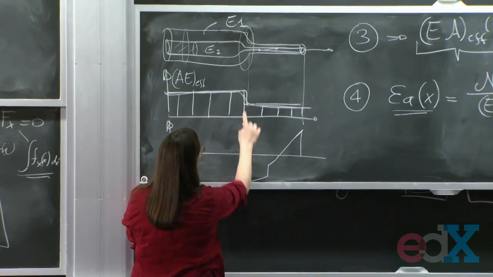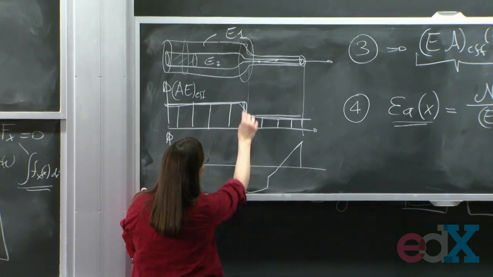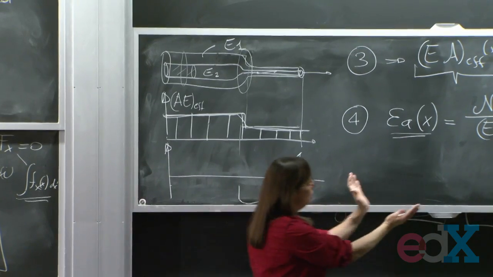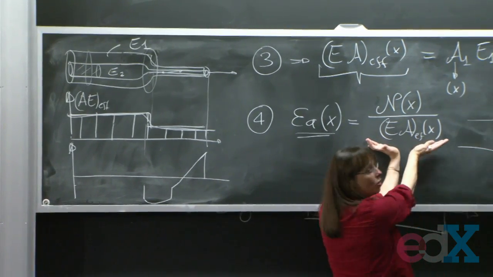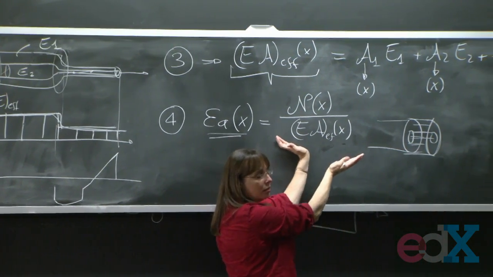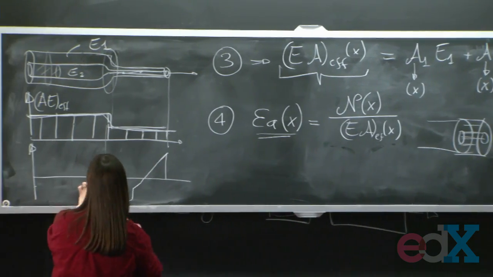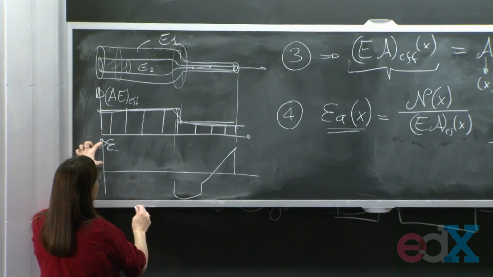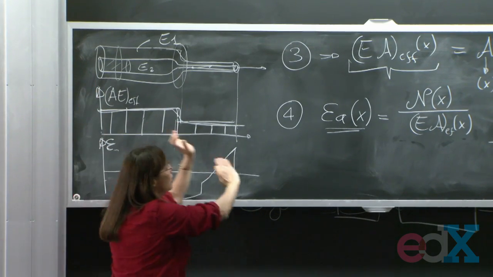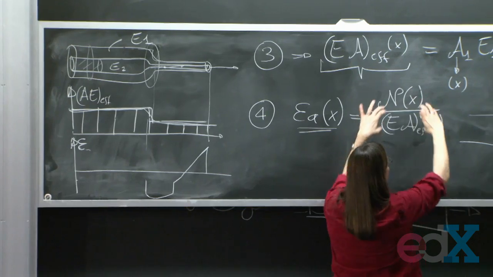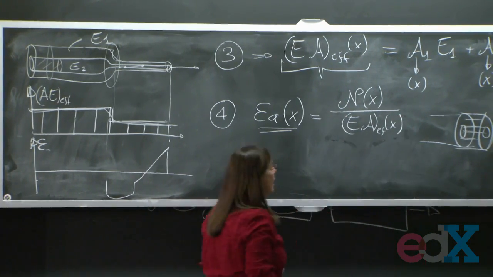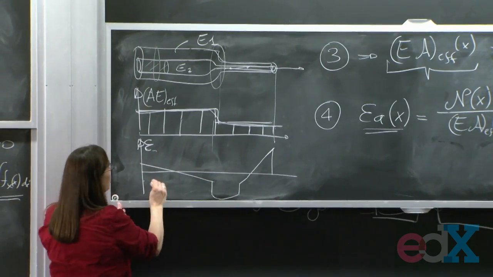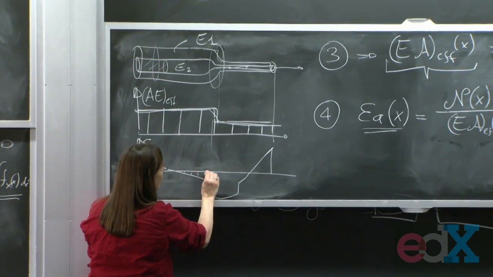But here, because I have a discontinuity in the cross-section, there is going to be a step, because this denominator changes. The strain is going to be less in this chunk here, because I have the same load but a higher resistance to deformation. And so my strain diagram is going to look something like that for that example.